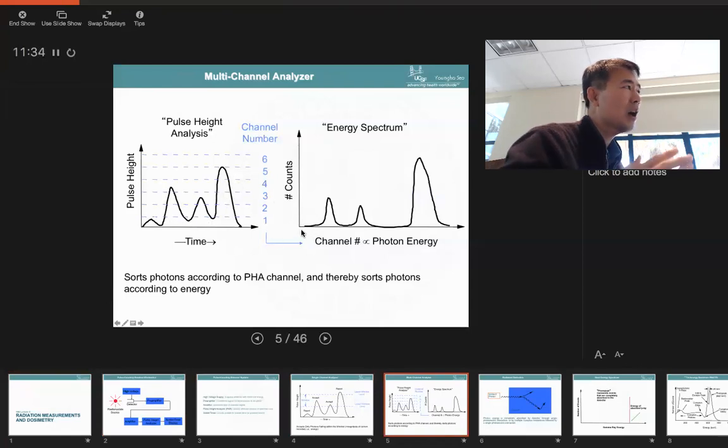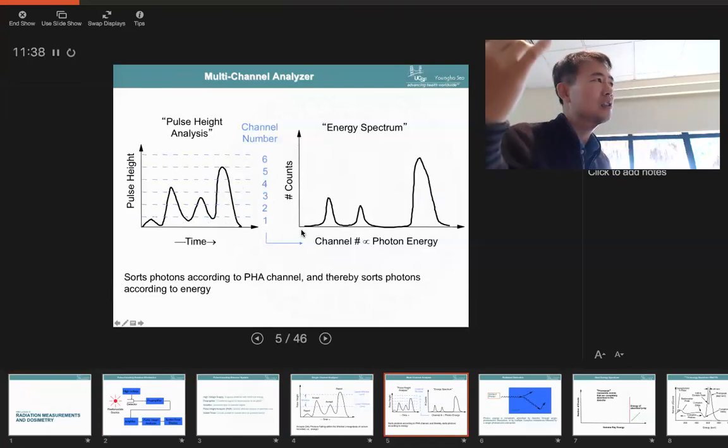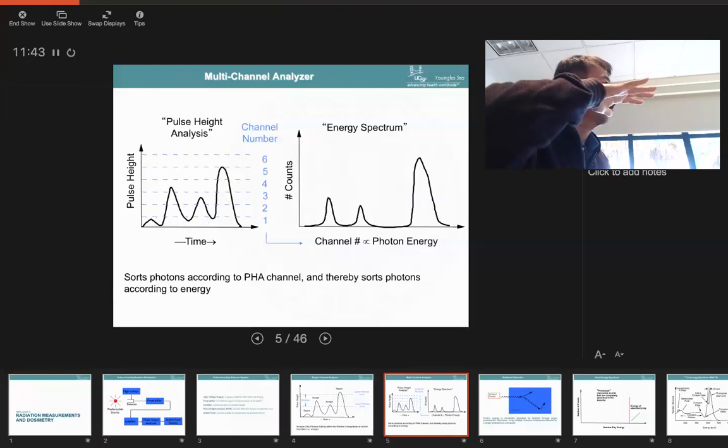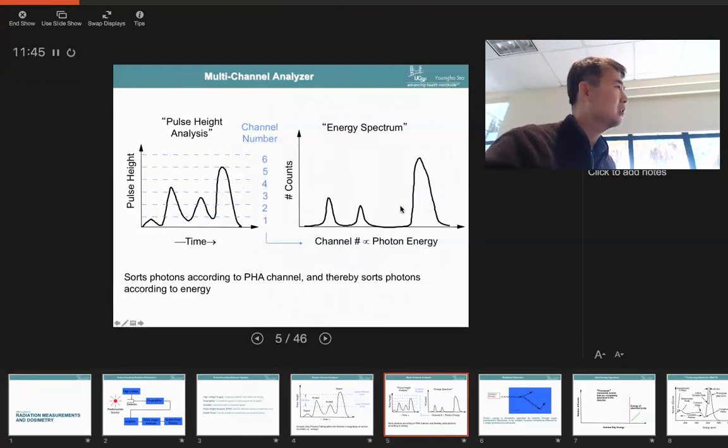Each channel could be plotted on the x-axis, from lower channel to higher channel. Lower channel is lower energy, higher channel is higher energy. So the x-axis on the right figure is basically a histogram from collecting your signal with the multi-channel analyzer. The frequency of each channel is the number of counts, right? This is a basic histogram.